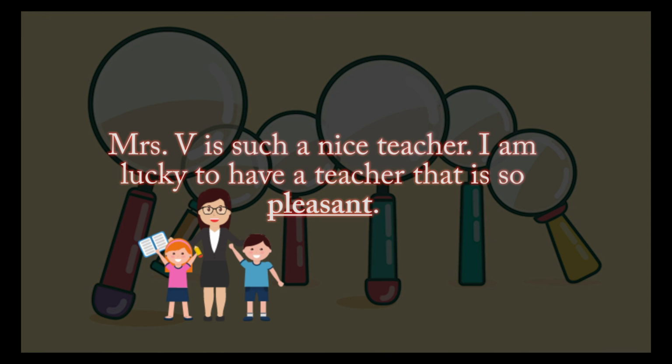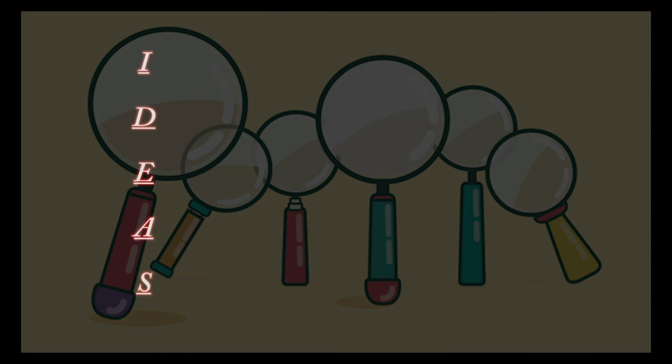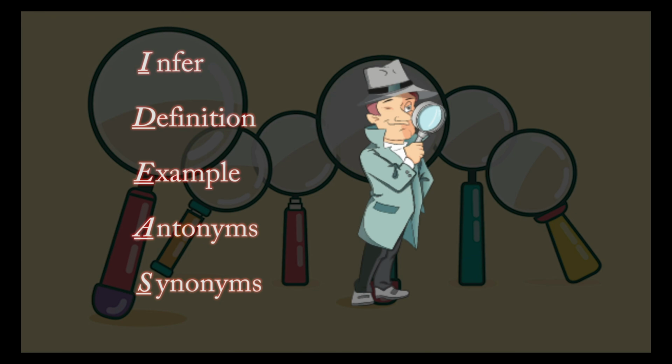Pleasant and nice are the two synonyms in this example. They both describe Mrs. V in a positive light, and they mean nearly the same thing. We've now covered every letter from the ideas strategy. Remember to use the ideas strategy when you're reading on your own, kids.